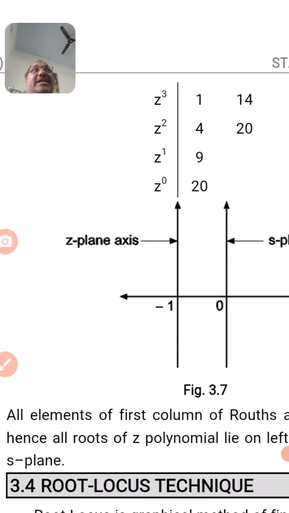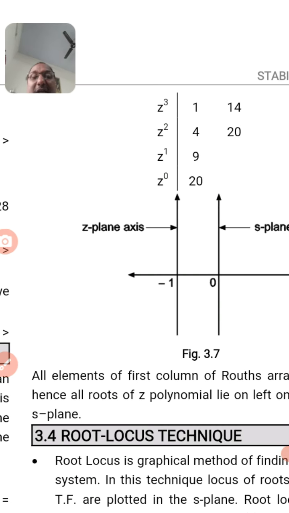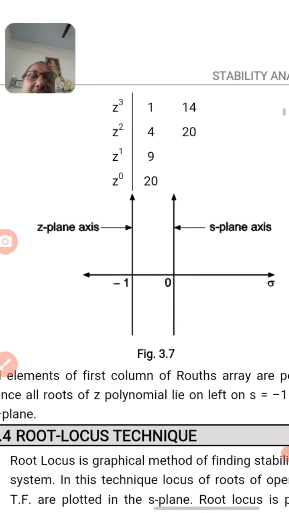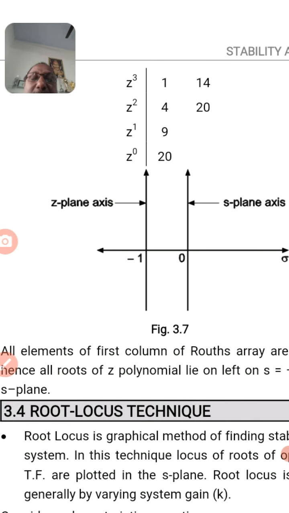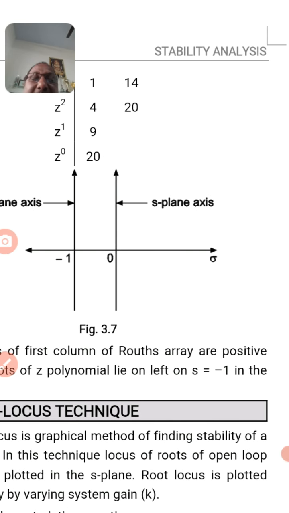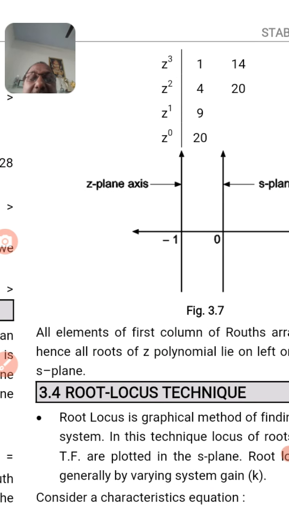So it is definitely a stable system, and the conclusion is given. I read this conclusion: all elements of the first column of the Routh array are positive. Hence all roots of the Z polynomial lie on the left of S is equal to minus 1 in the S plane. Or secondly, I can say it lies on the left of the Z plane axis.